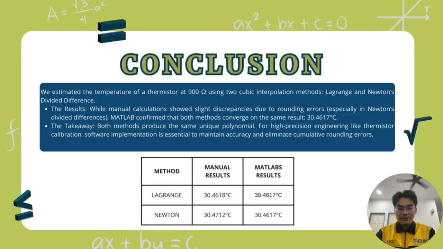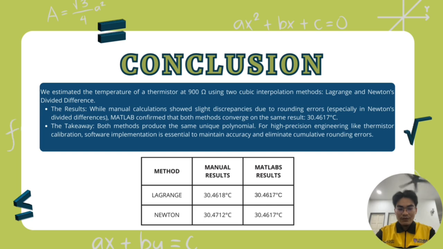For this project, we aim to estimate the temperature of a thermistor when its resistance is 900 ohm. To ensure accuracy, we apply two distinct cubic interpolation methods: Lagrange interpolation and Newton divided difference, using 4 data points from our dataset.